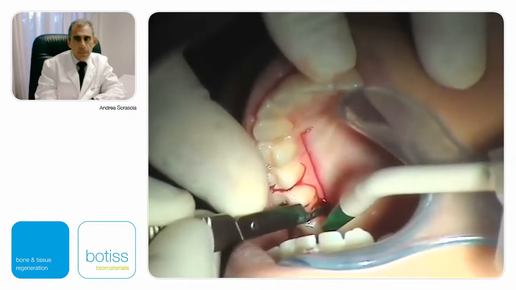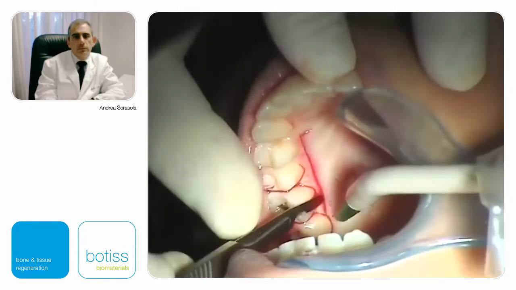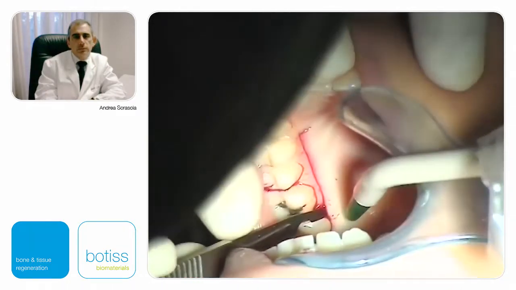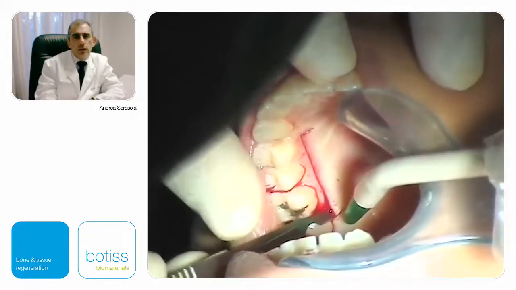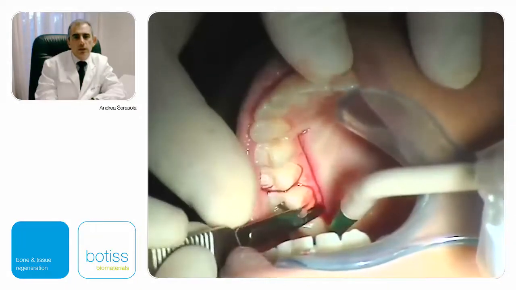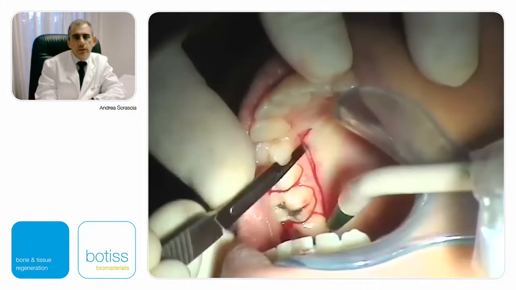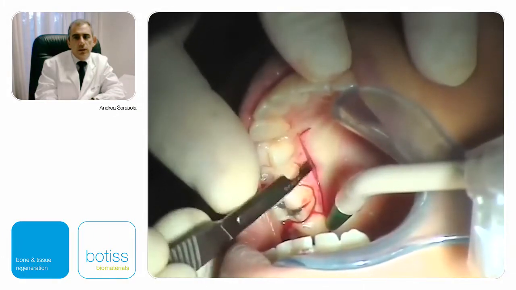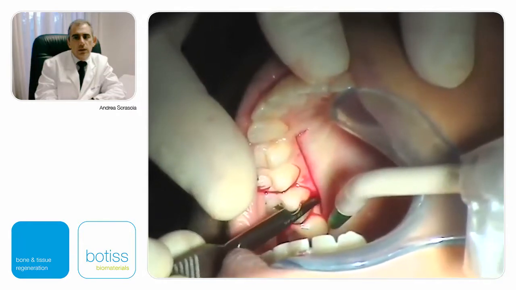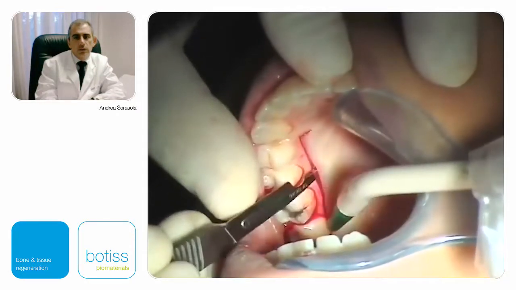And finally, to be absolutely sure, separate the layer from the connective.